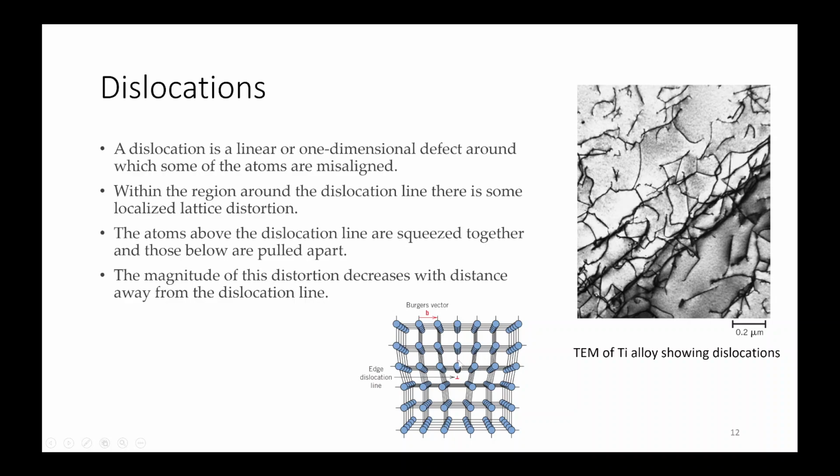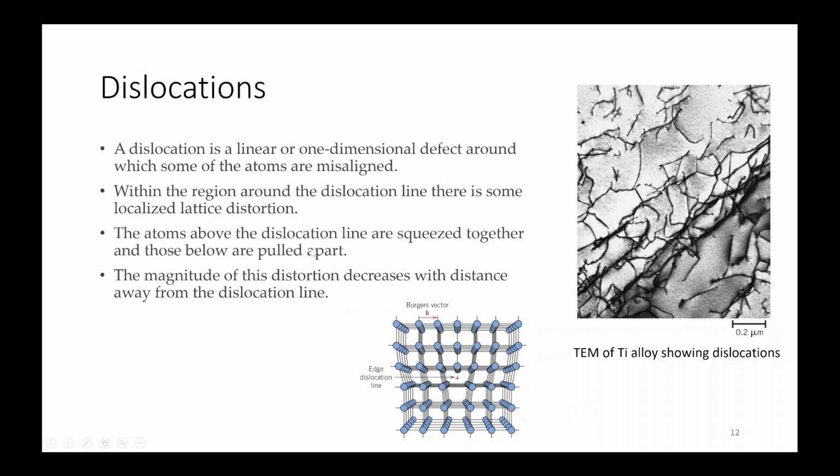These half planes lead to the strains shown here. Above the dislocation line it is compressive, because the atomic distance is lower compared to the equilibrium distance, and below the dislocation line there will be tensile strain because the distance between atoms is higher compared to the equilibrium distance.